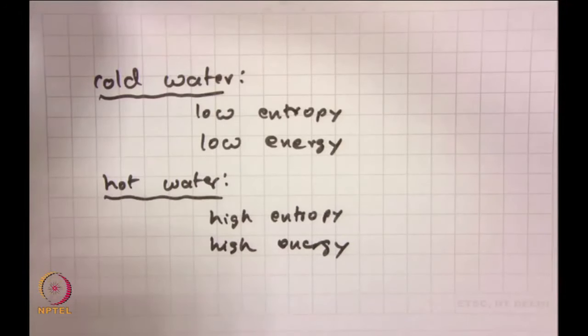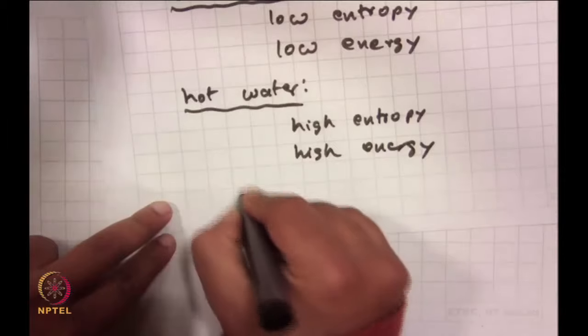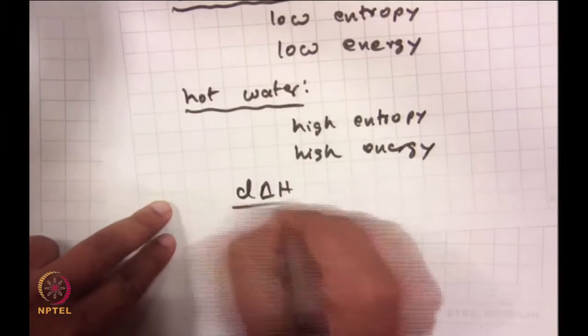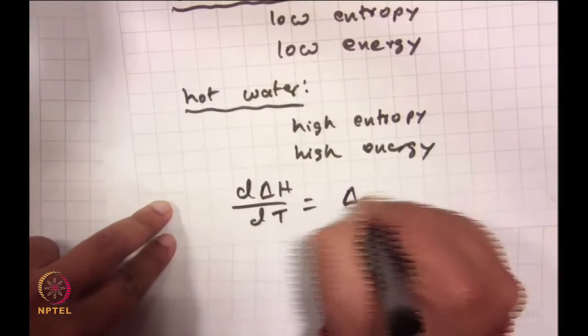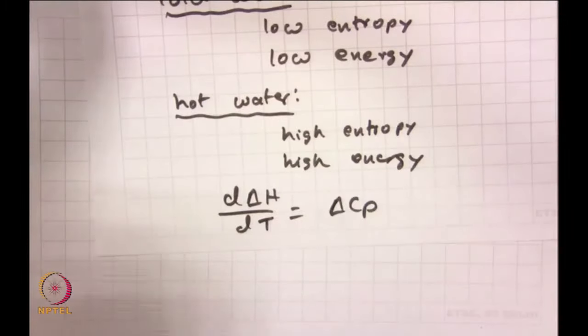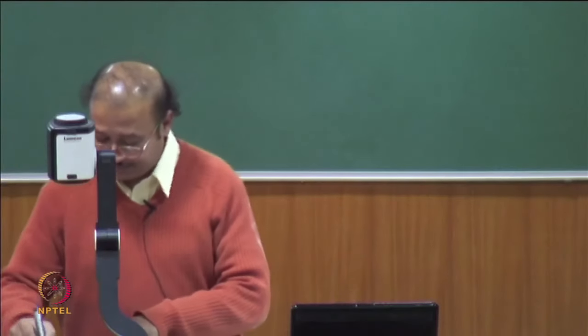Now, what is the relation between delta H and delta Cp? Is the slope. That means we knew that d of delta H over d of T is equal to delta Cp. So, if my delta H has to increase, then delta Cp has to increase. The same thing happens for what? Entropy. What was entropy? d delta S over dT is equal to delta Cp by T, right.